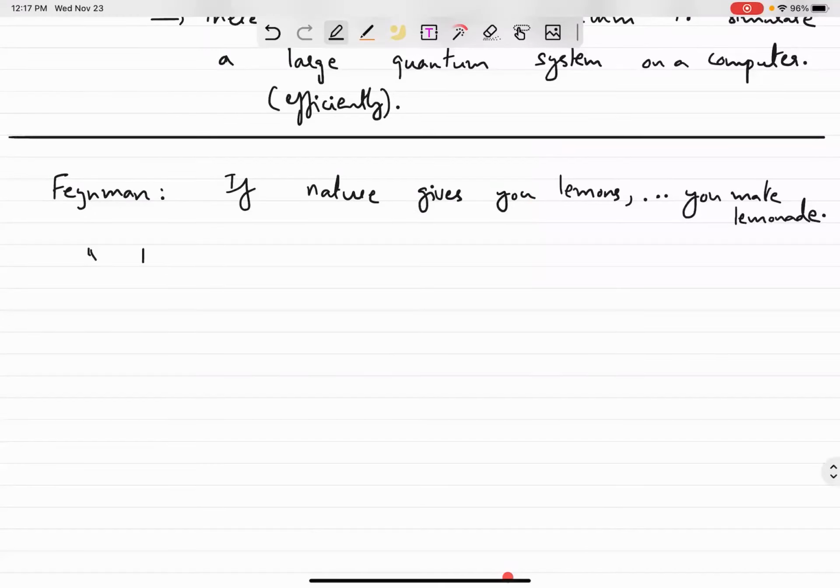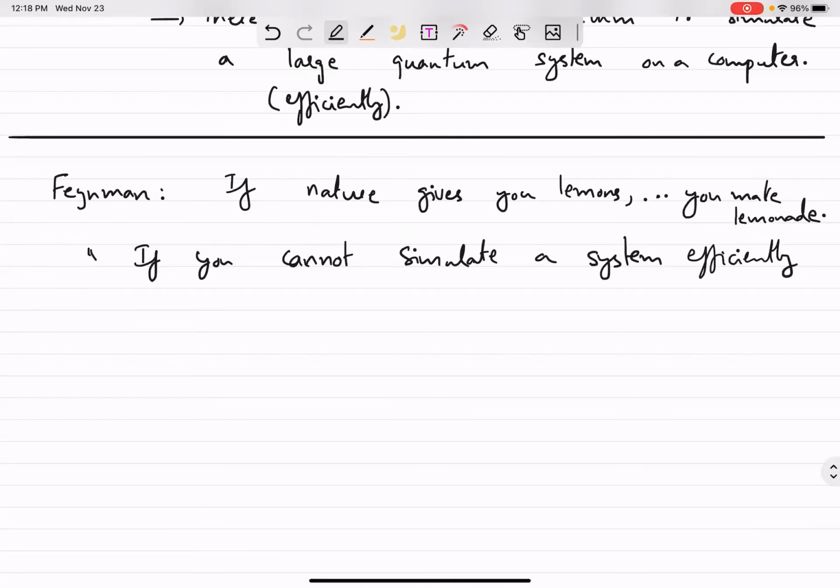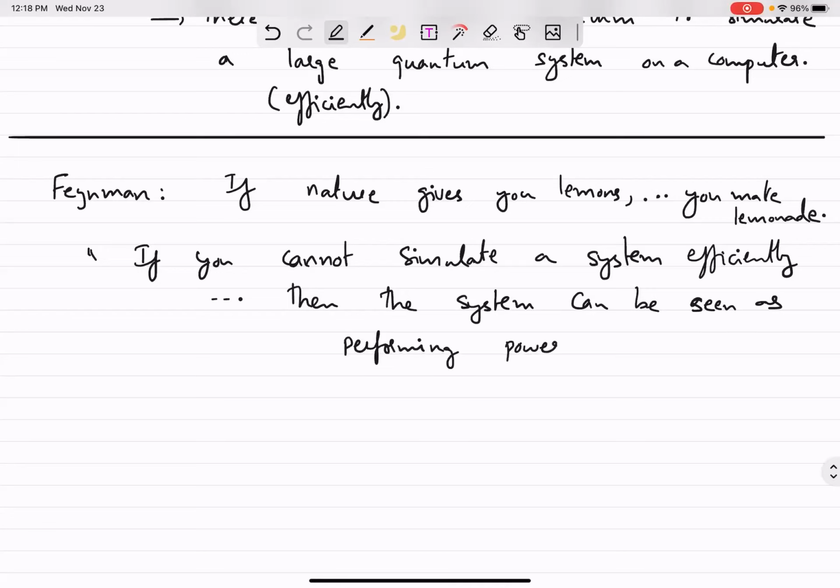You're saying if you cannot simulate a system efficiently, then the system can be seen as performing powerful computations by itself.